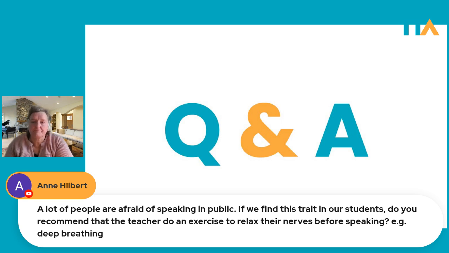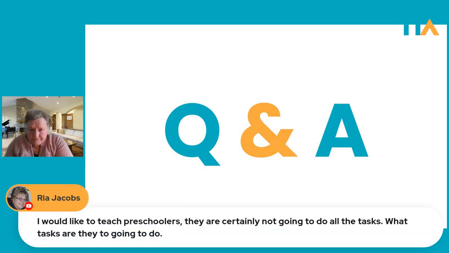Yeah, that's a good question. Thank you for that. And Ria asks, I'd like to teach preschoolers. They're certainly not going to do all the tasks. What tasks are they going to do? All right. With preschoolers, of course, you have to simplify it, just like VIP Kid, if you've heard of that.